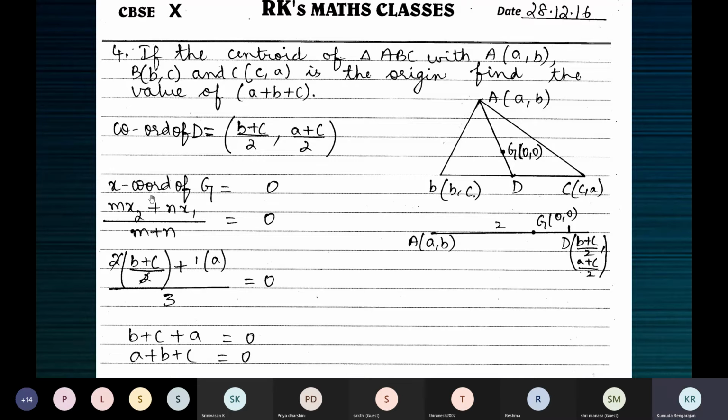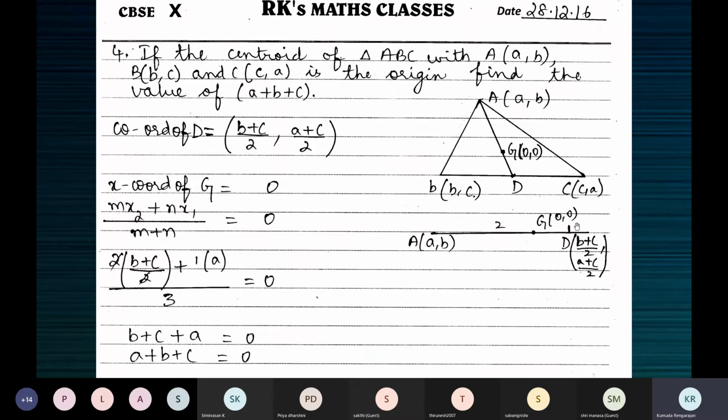Now you know the x coordinate of G is 0. But how do you find the x coordinate? Mx2 plus nx1 by m plus n is 0. What's the ratio? You know the ratio is 2:1. See, this is A comma B. I've represented AD alone here, this line segment AD.